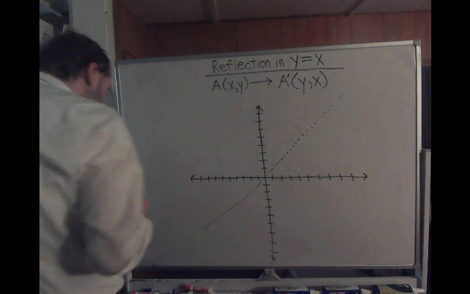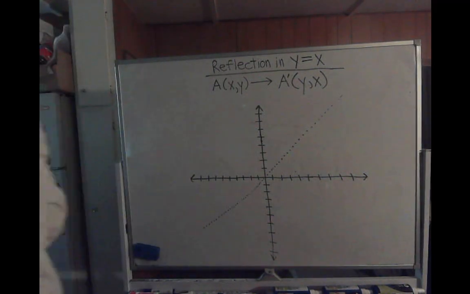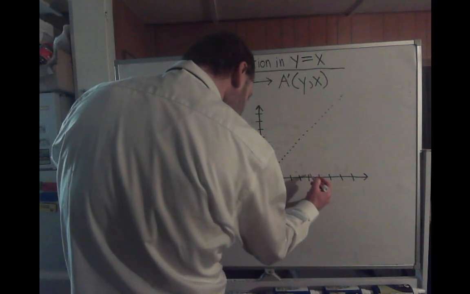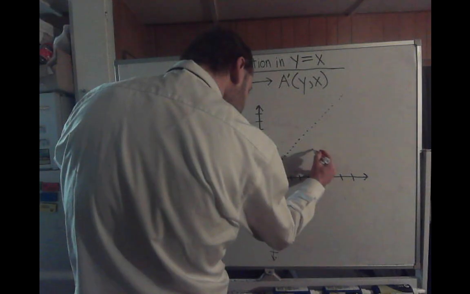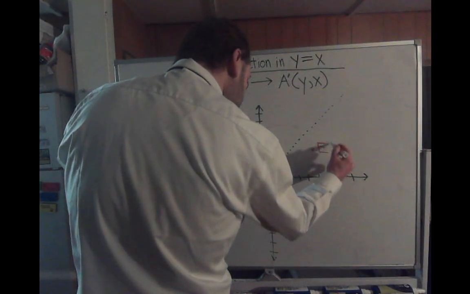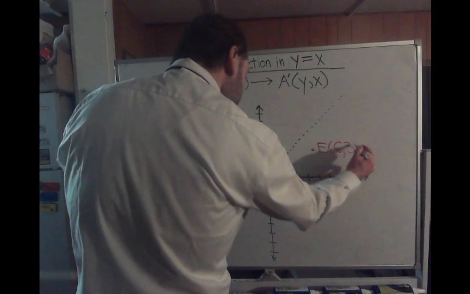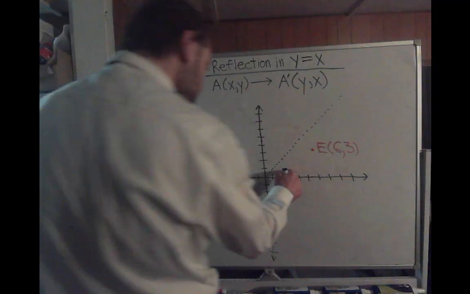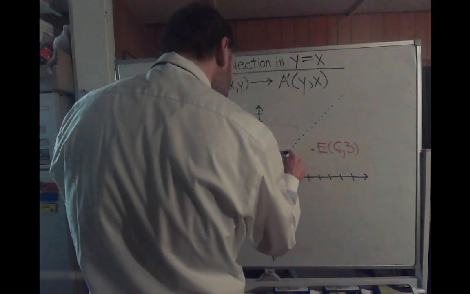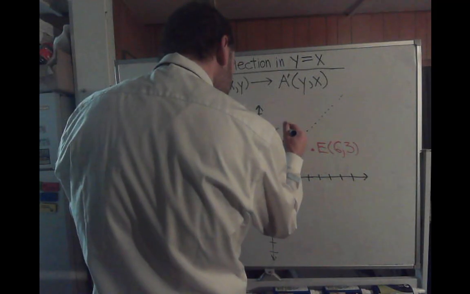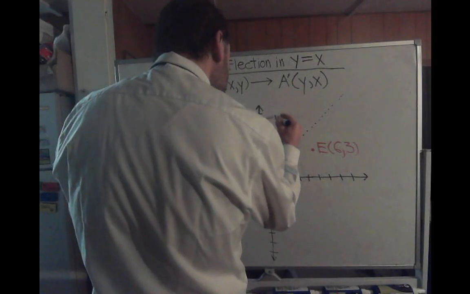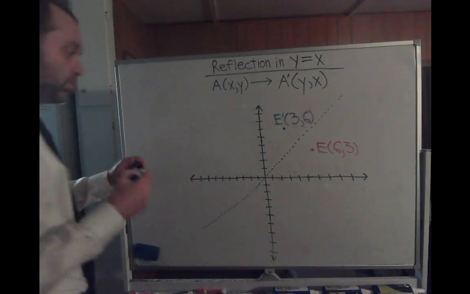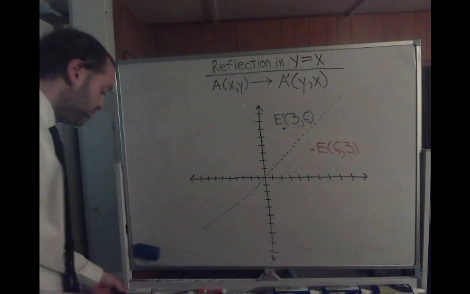All right, let's do a point E. Point E can be found at (6, 3). If we want to find E prime, again, just take your x and y coordinates and switch them around. You would be at the point (3, 6). If you reflect it in the line y = x, you would be at (3, 6) for E prime.